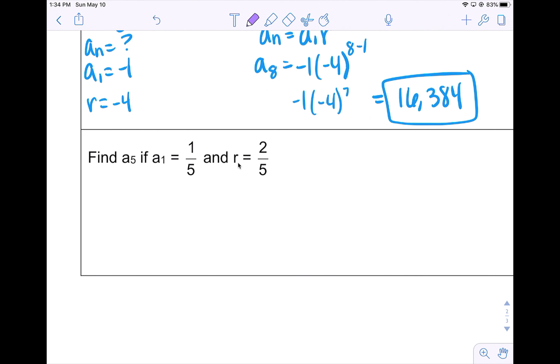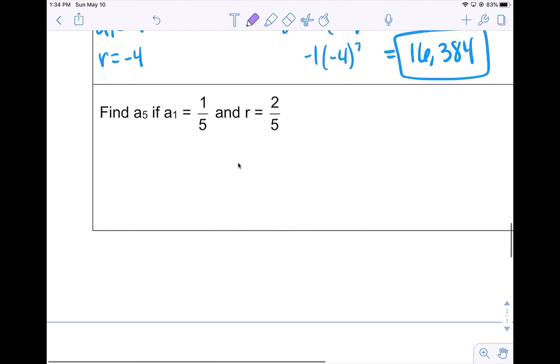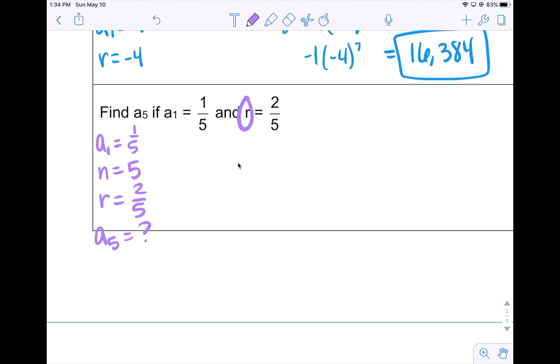Last question, find a sub 5. If a sub 1, so this is good information, is 1/5, and r, so we are talking geometric because they give me a ratio, is 2/5. So they tell me a sub 1 is 1/5. They tell me n is going to be 5. They tell me my ratio, and they want a sub 5.